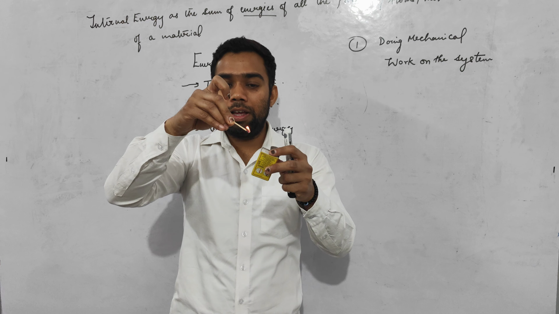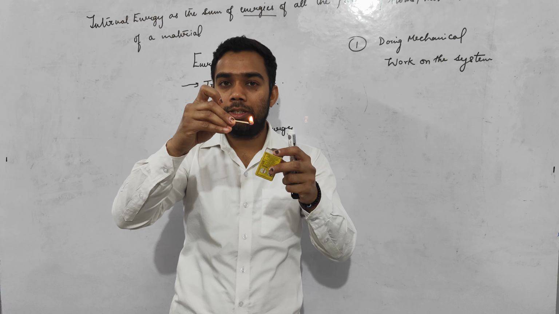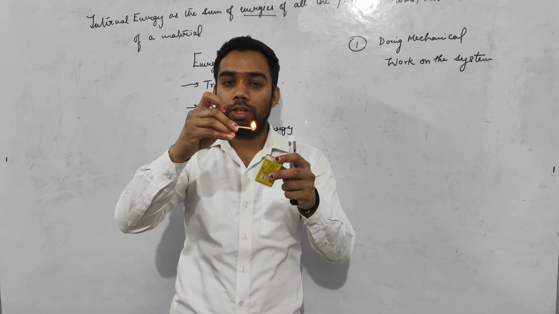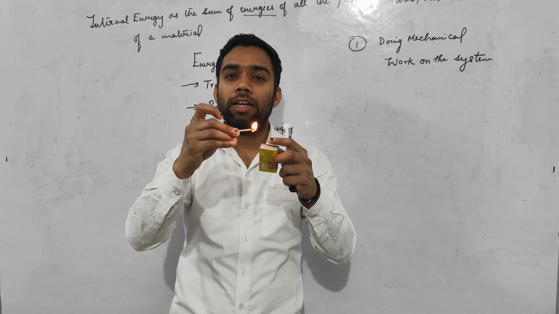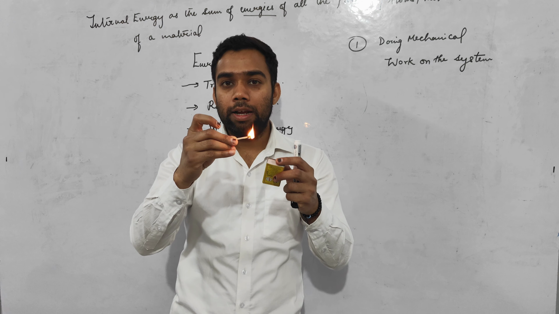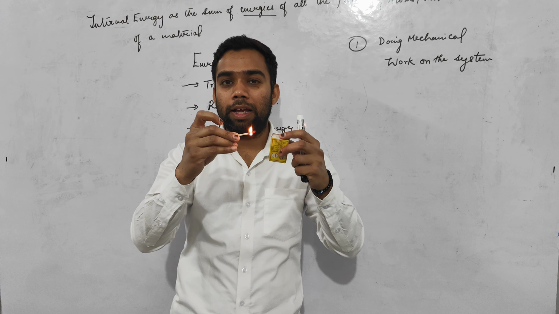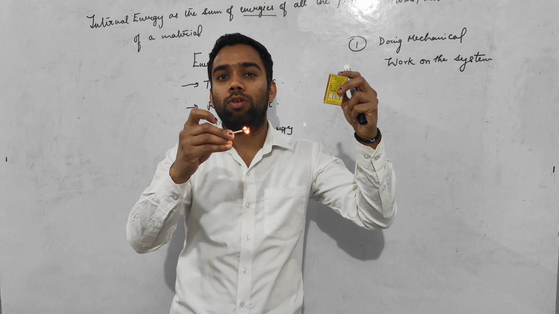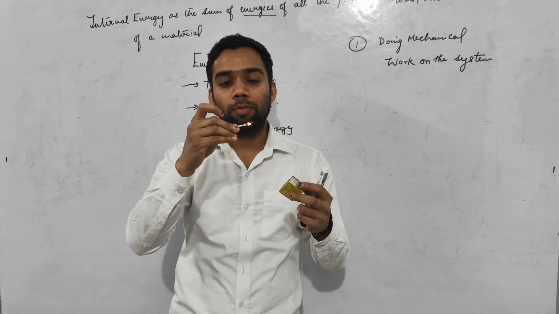So here, when we are rubbing the matchstick on the matchbox, we are just increasing the internal energy of the chemicals on the top of the matchstick. And when the temperature of the chemicals reaches a certain threshold value, it catches fire.